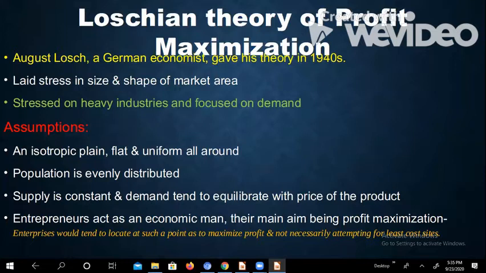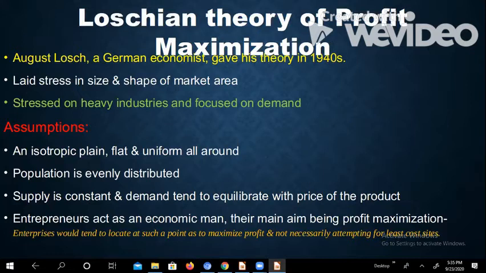He also used certain assumptions. Again it was a plain flat land, a homogeneous population, and constant supply. Demand tends to fluctuate with the price of the product. If the price increases, demand will fall, and vice versa.